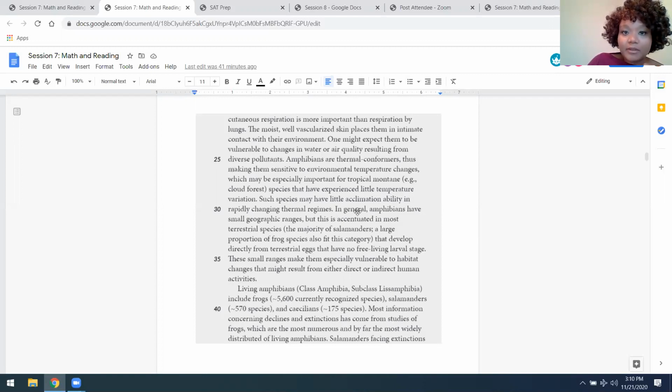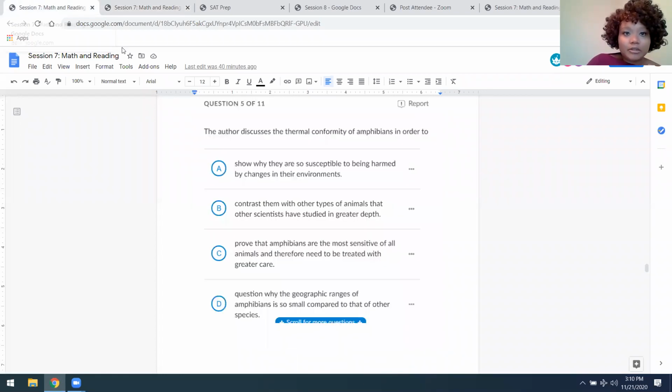Such species may have little acclimation ability in rapidly changing thermal regimes. So right here, we see it says that the thermal conformer aspect of amphibians makes them sensitive to environmental temperature changes.